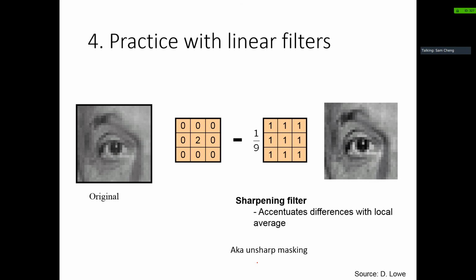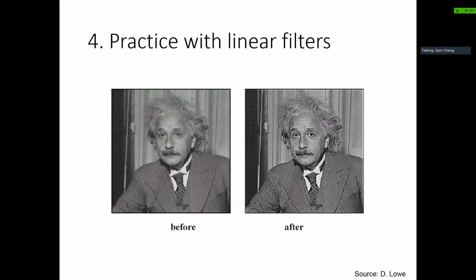But it just makes the image sharper. So you remove the smooth component, which basically emphasizes the edges more, so it looks sharper. The entire image should look like this. I'm not sure you can see that carefully.